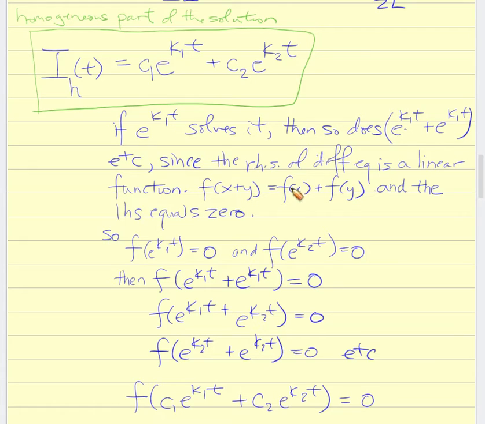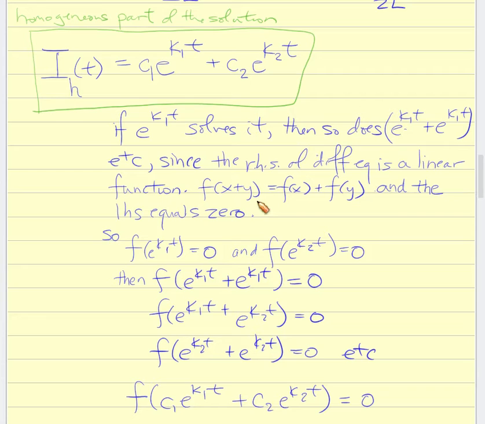Because each time we plug in something, we get back 0. So this is like 0 plus 0 equals what happens when we plug in x plus y. So that means x plus y also solves the equation, because the function of it equals 0.